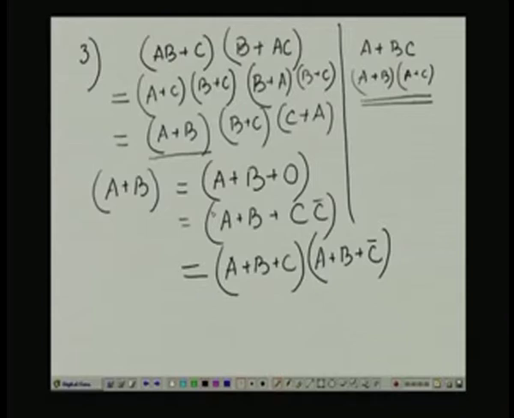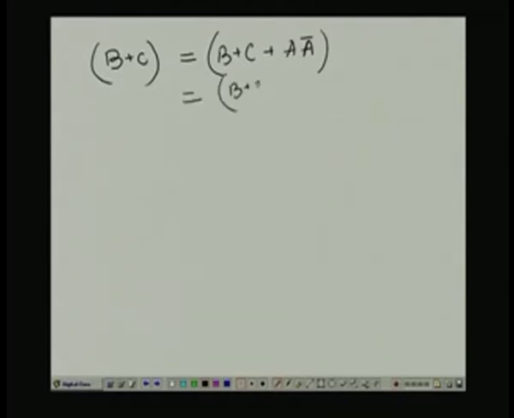Similarly, I can see B plus C, and C plus A. How B plus C becomes: here A is absent, so I can introduce A in a similar way, as A A bar equal to 0, and this becomes (B + C + A)(B + C + A').